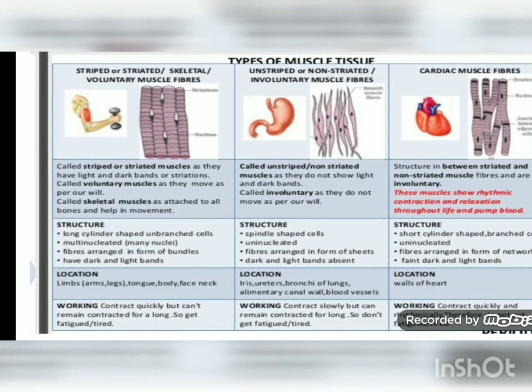Location is obviously on the walls of the heart, and its working is to contract quickly and rhythmically. Therefore, it does not get fatigued or tired. This is a very important tissue in our body, and it is present only in our heart.